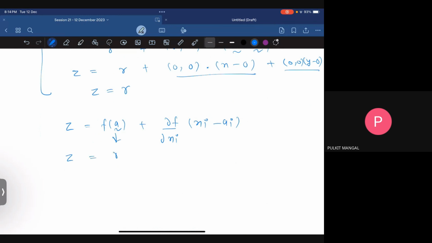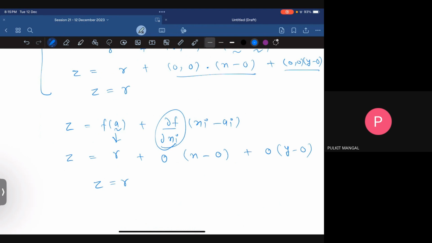So this was again the partial derivative with respect to the first variable x, which was 0 at the point 0 comma 0, multiplied with x minus 0, plus again the partial derivative with respect to y at 0 comma 0, which was again 0, times y minus 0. So z is equal to r.